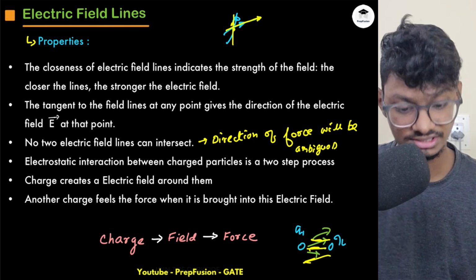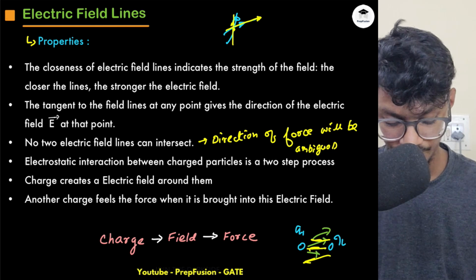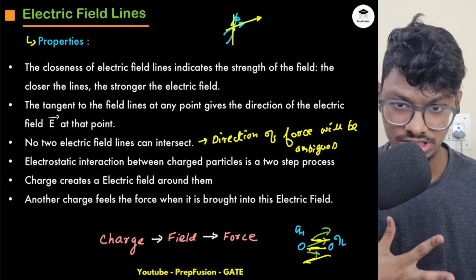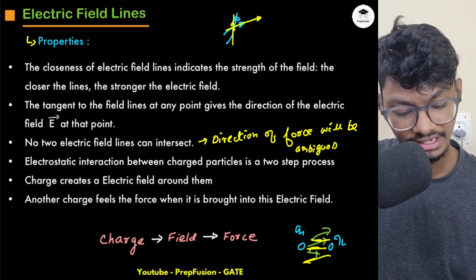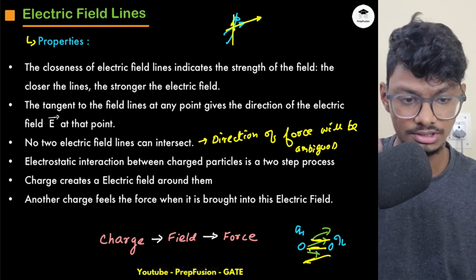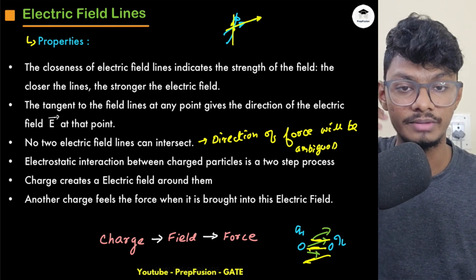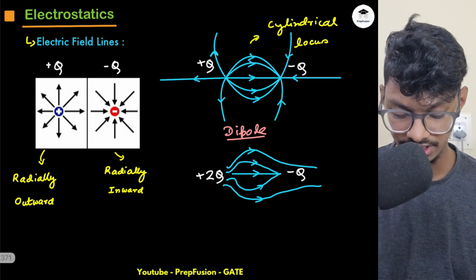It's not that Q1 and Q2 are placed and forces simultaneously act. No, it's a two-step process. First the field gets generated due to the charge, then we get the force. I didn't explain it at that point of time because it would have been more complicated. So I skipped that. Now let's come to the electric field lines.